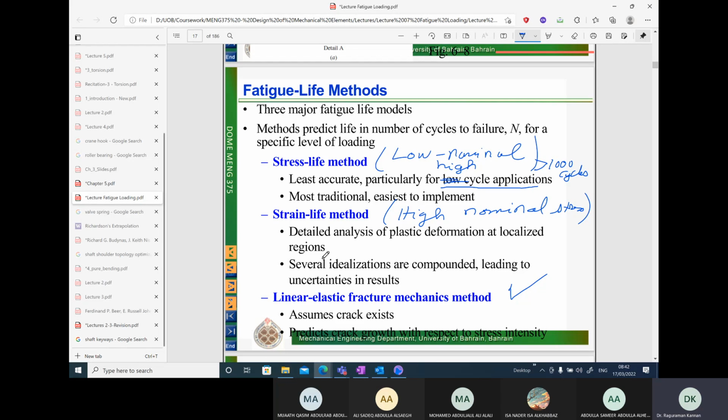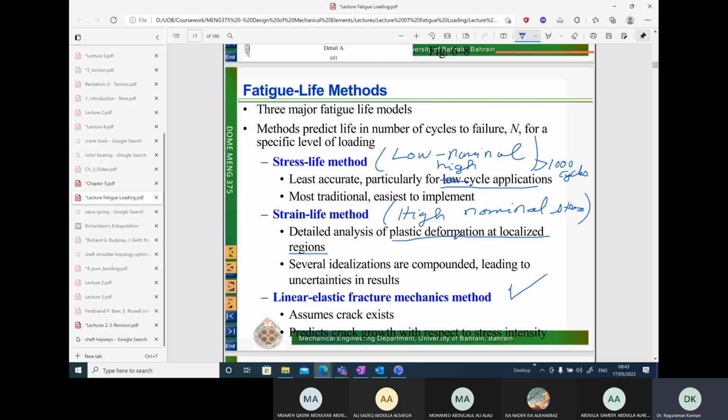Strain life method. What is the strain life method? We will see in detail later, but for now take it for granted that it is near the yield strength. Sometimes it can also be slightly above yield strength, leading to localized plastic deformation in the component.